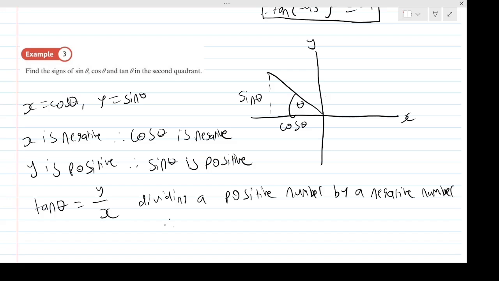Well, therefore, if you divide positive by negative, plus over negative, that will get you a negative, right? So therefore, tan of theta would also be negative in the second quadrant, right? If we draw an angle in the second quadrant, there. Okay, so there we are then.